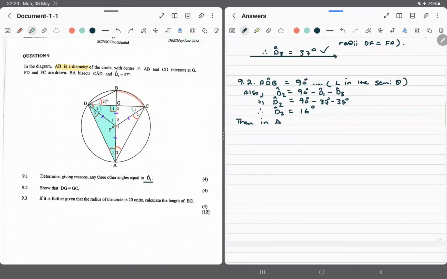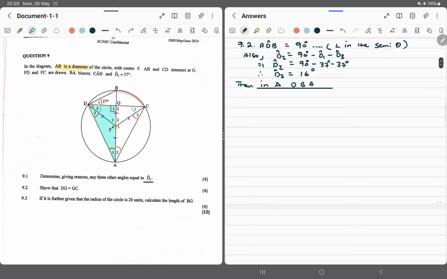in triangle DGA, we know that technically angle A1 plus angle D3 plus angle D2 plus angle G1 must give us 180 degrees. This is the sum of three angles of a triangle.